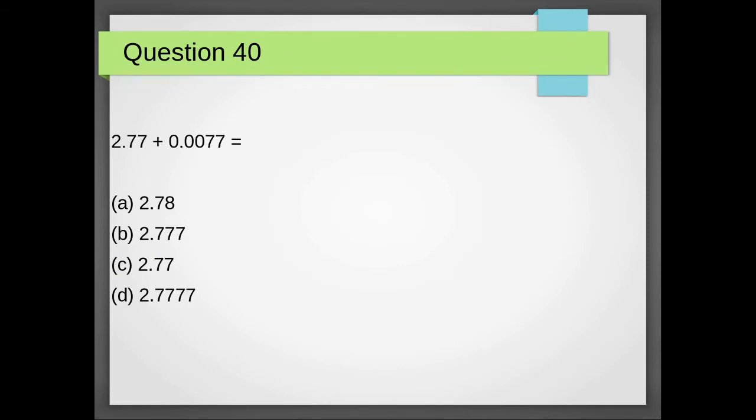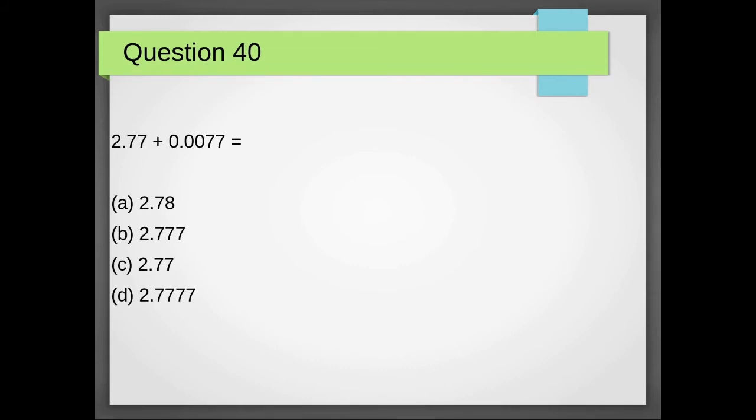Question 40. 2.77 plus 0.0077 equals. Now again this is a question that throws light on the number of significant digits to be retained in the final answer, which is the sum. So obviously we'll have to retain only those many significant digits as the number with the least number of significant digits, which is the first number, which is 2.77, which has 3 significant digits.